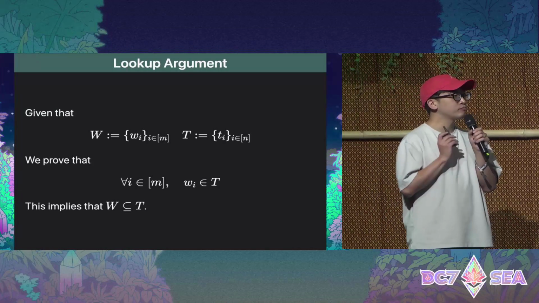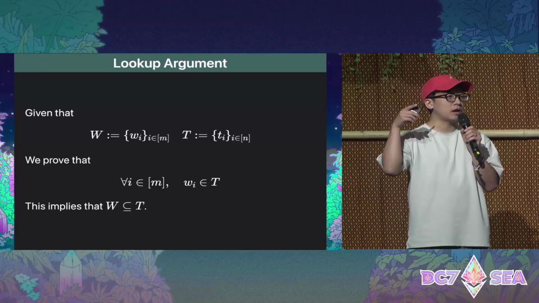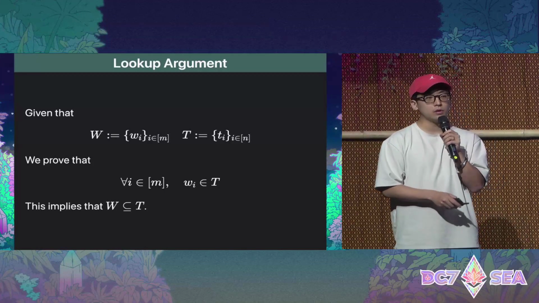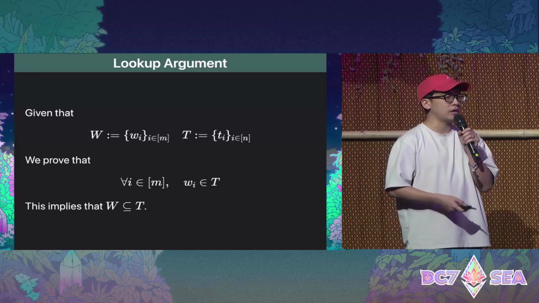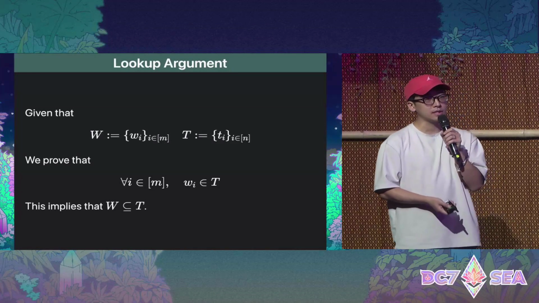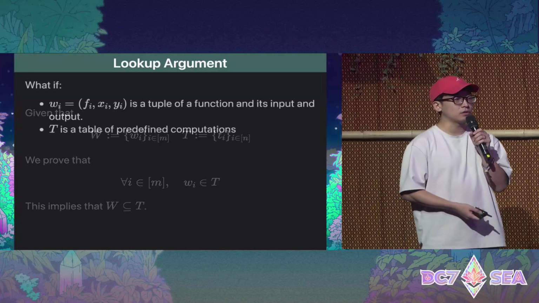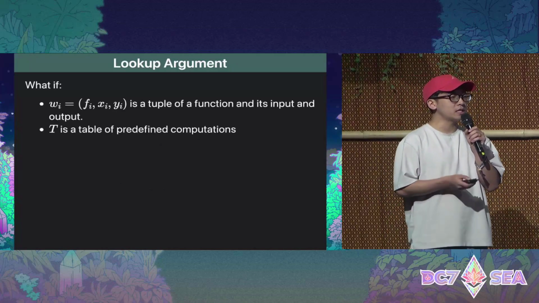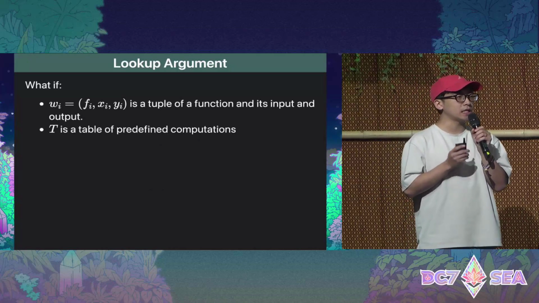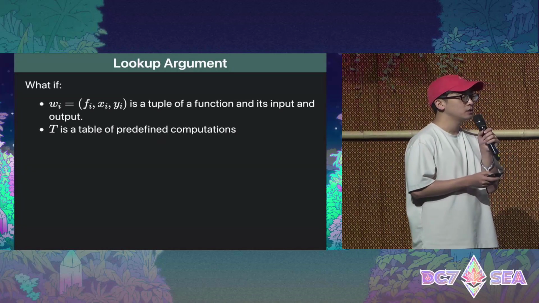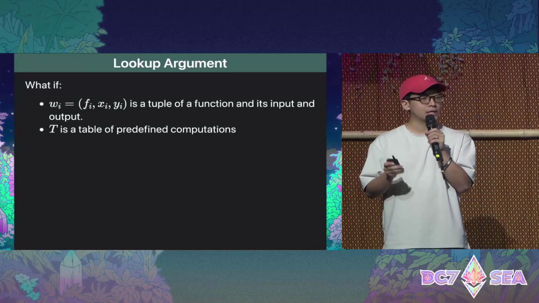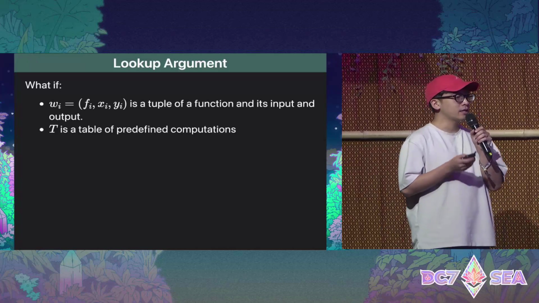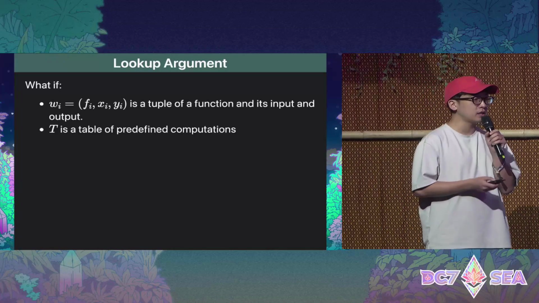Before we deep dive into the SEA lookup argument protocol, I would love to introduce the main use case, an interesting use case if we have the lookup argument. What if we define each witness W as an encoding of a function along with its input and output result, and let T be the predefined computations?